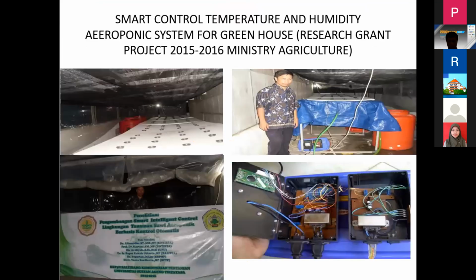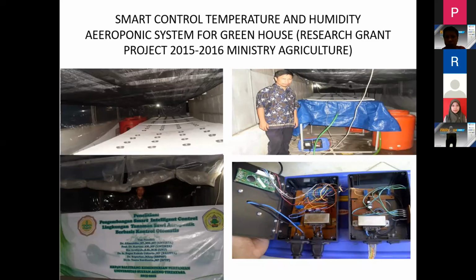This is my experiment, a 2-year research grant project from the Ministry of Agriculture, 2025-2026. We built a prototype greenhouse, a prototype aeroponic system, and microcontrollers with temperature and humidity sensors, integrated, not separate.